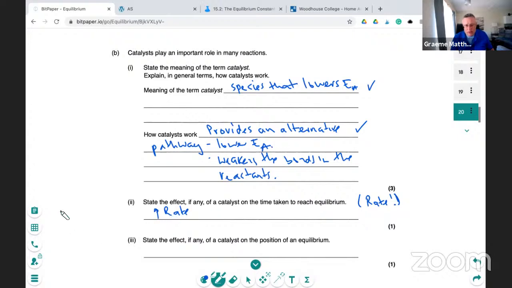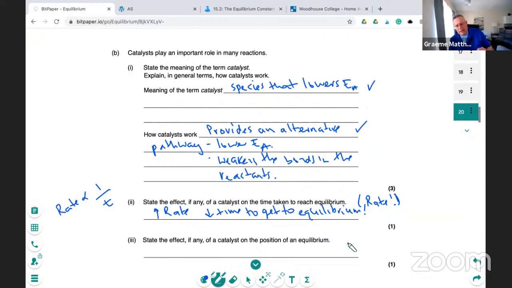And so therefore, you know that rate is proportional to 1 over T, and so it's going to lower the time taken to get to equilibrium. All right, voila.